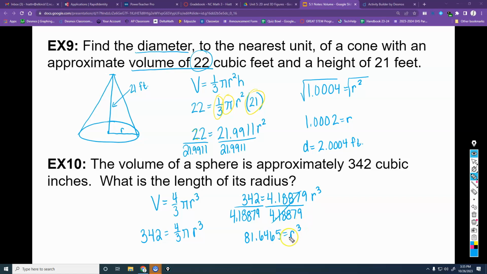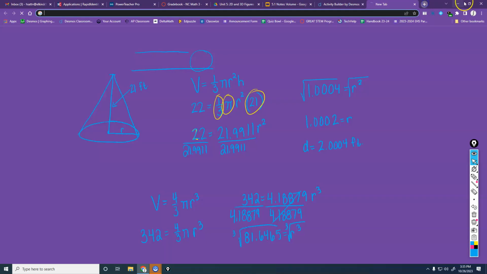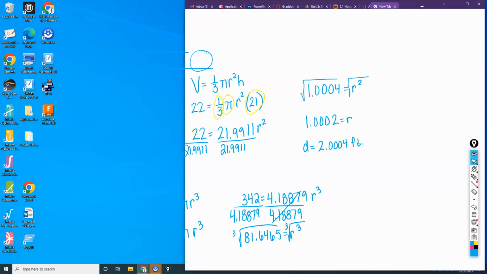And then, instead of doing a square root here, because this is a cube, we need to cube root this. And actually, let me show you how to do that on Desmos, because I need to know where that is.